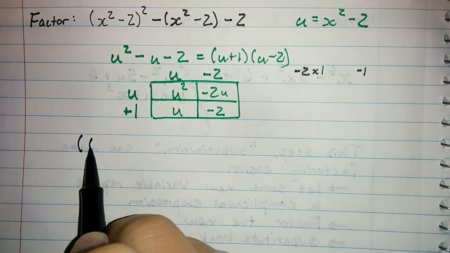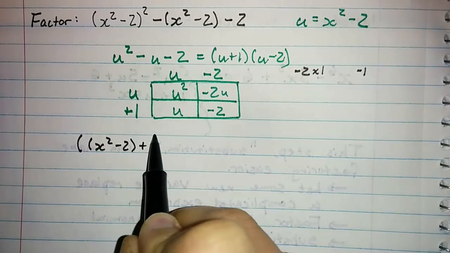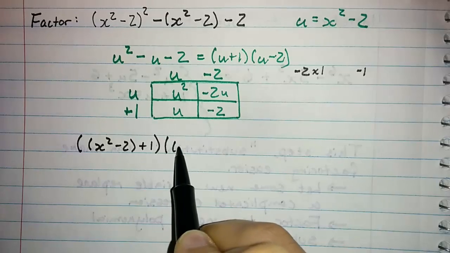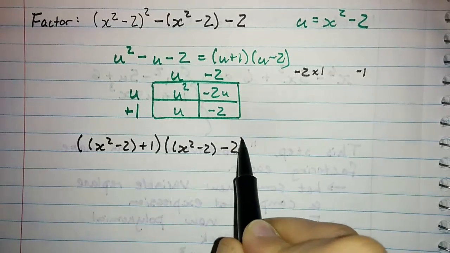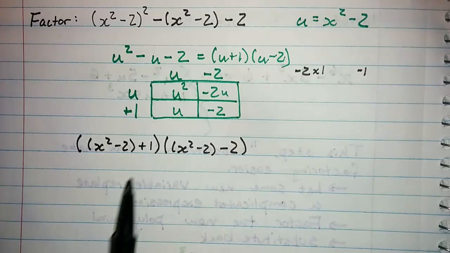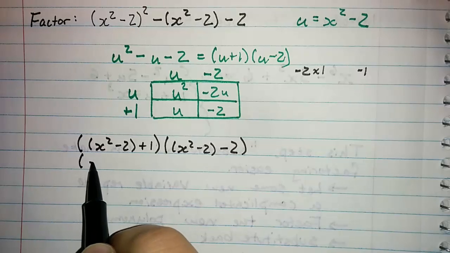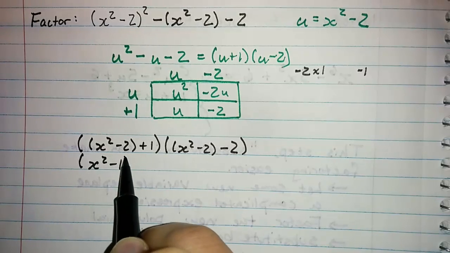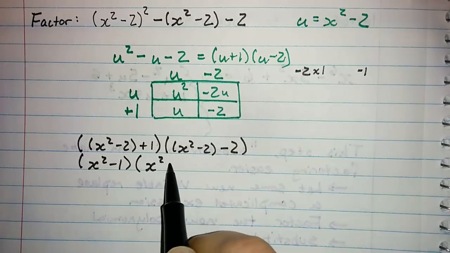We'll have x squared minus 2 plus 1 times x squared minus 2 minus 2. Oh, but each of these factors is pretty easy to simplify, isn't it? This will be just x squared minus 1, and this will be just x squared minus 4.